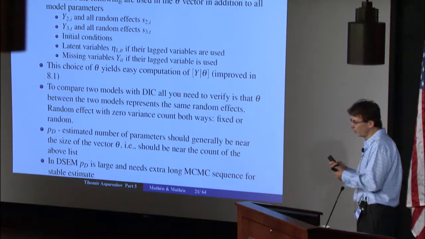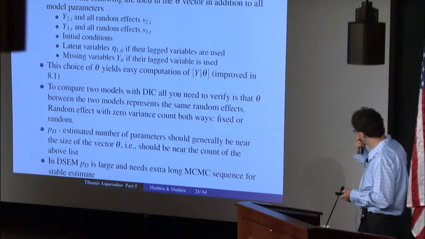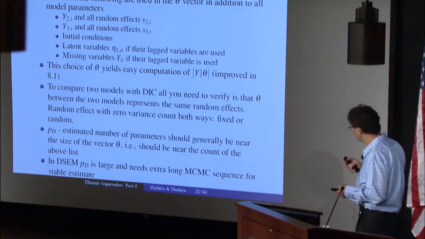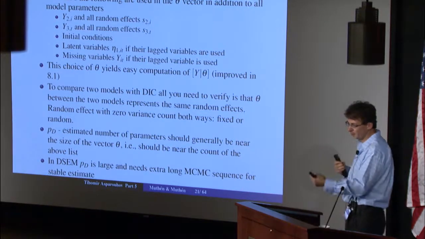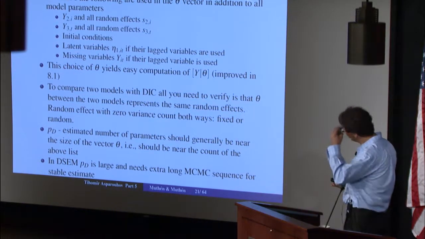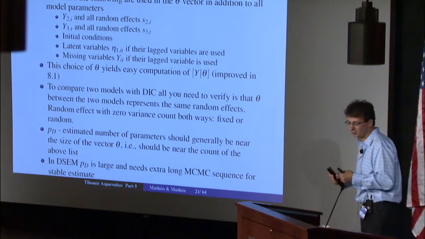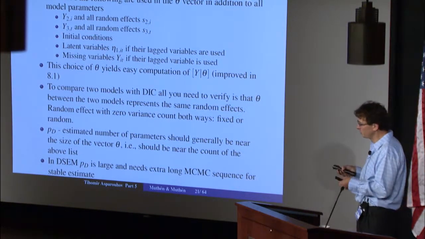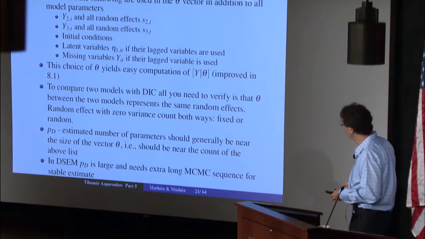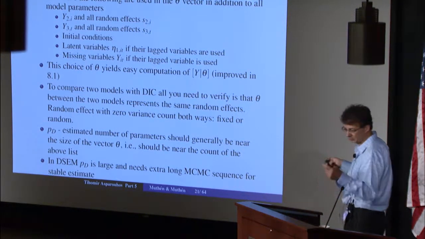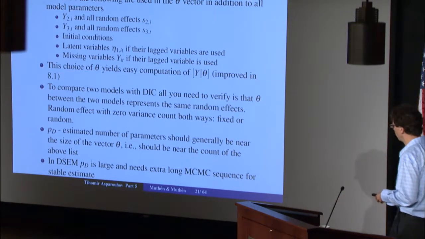So it takes a long time for the DIC to converge. It's a very common situation that your model will be estimated very fast. You can get the model estimates to converge in a few hundred iterations, but to get a stable DIC estimate, you might have to iterate a long time, and I'll show you an example of that later on.